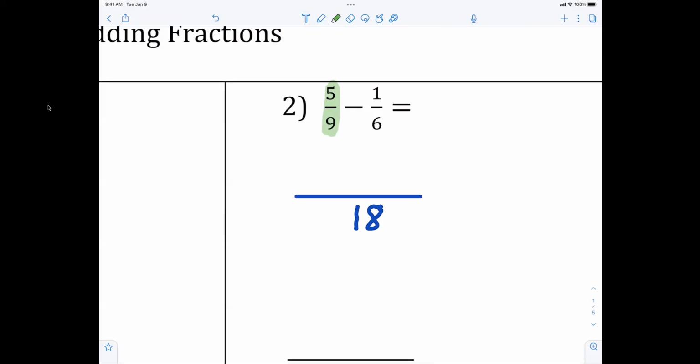So then the numerator of that fraction becomes a what? 10. Thank you. And the second fraction, I'm multiplying by what? 3. So it'd be 10 minus what? 3. And that's how simple this game is. 7 over 18.